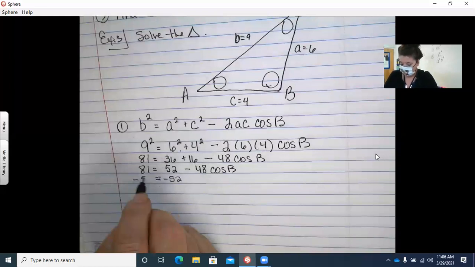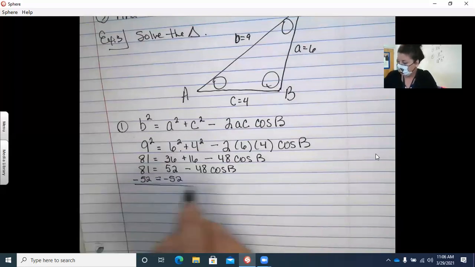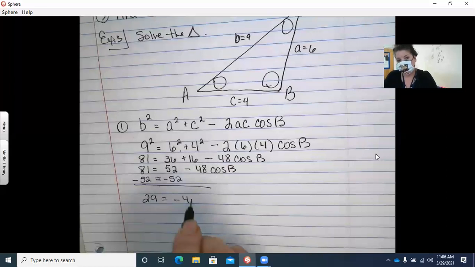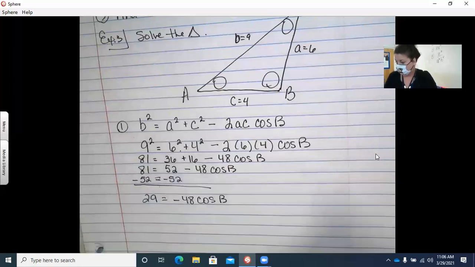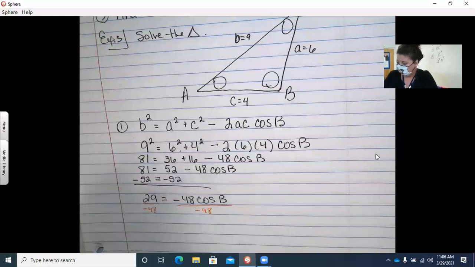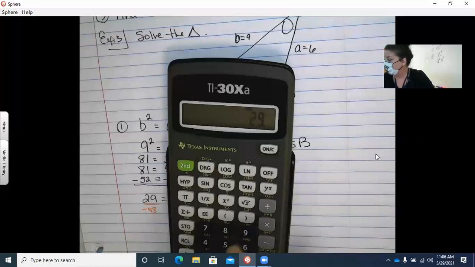So 81 minus 52 is 29 equals negative 48 times the cosine of B. Okay, now what? Divide by negative 48, good. So on the right side, we just have cosine of B, and 29 divided by negative 48 is approximately negative 0.6.